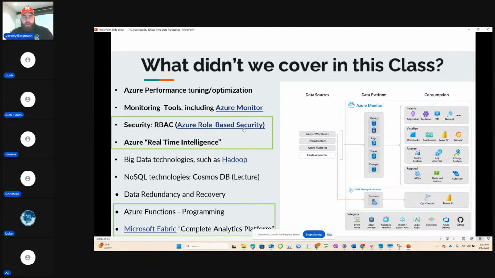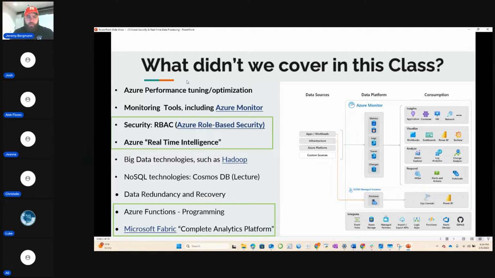So really this class is two of the major topics out of the different things that we really didn't cover in depth in this class. It's not quite a catch-all tonight, but some of the things that we will cover is security, so role-based access and access lists in Microsoft Azure.